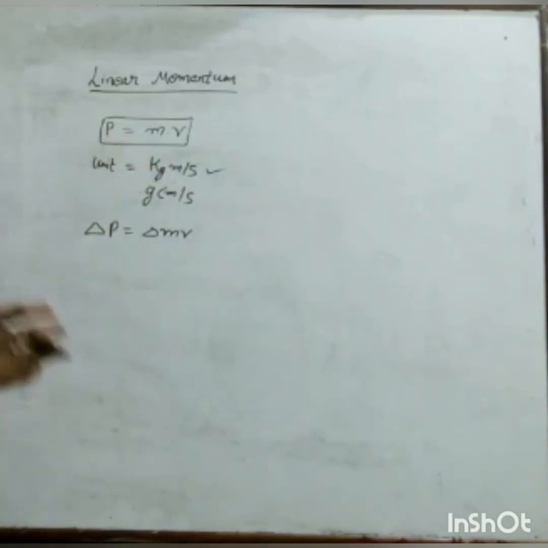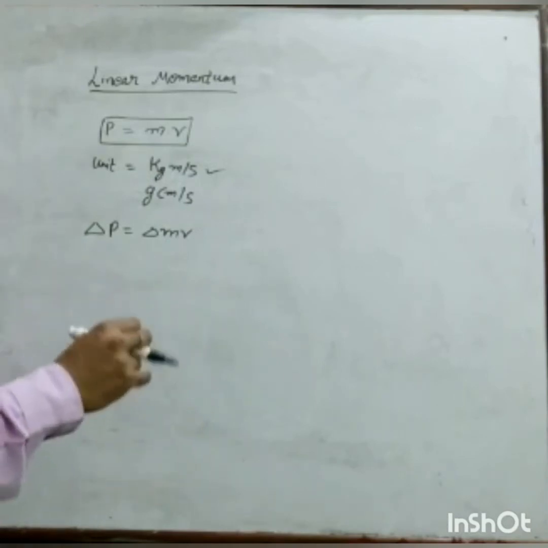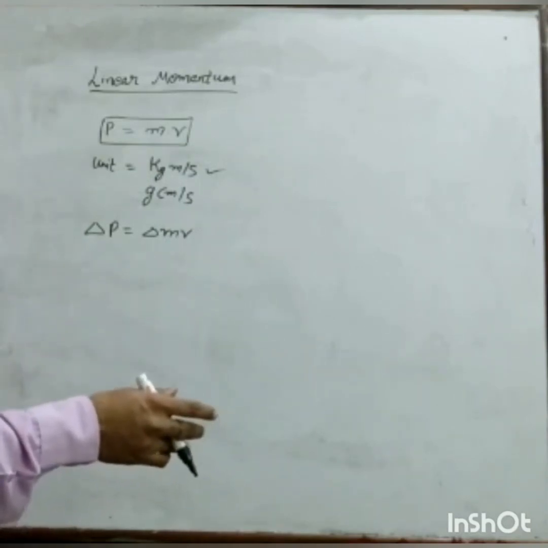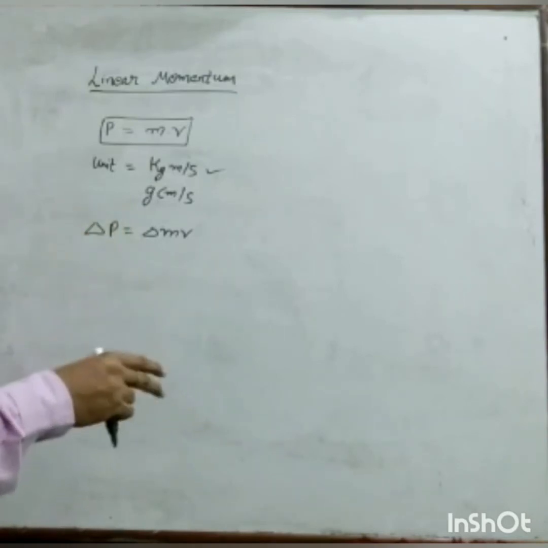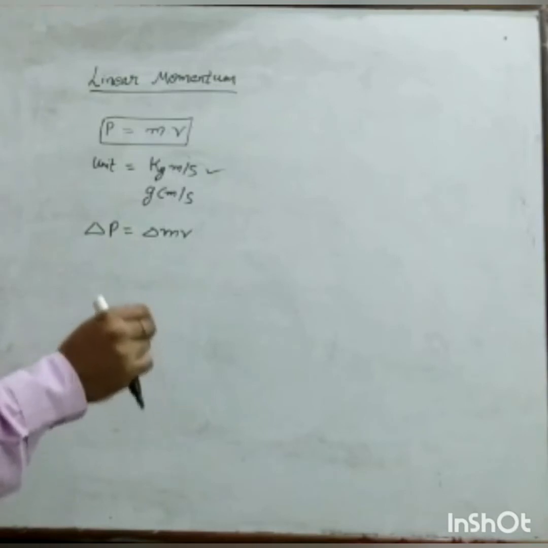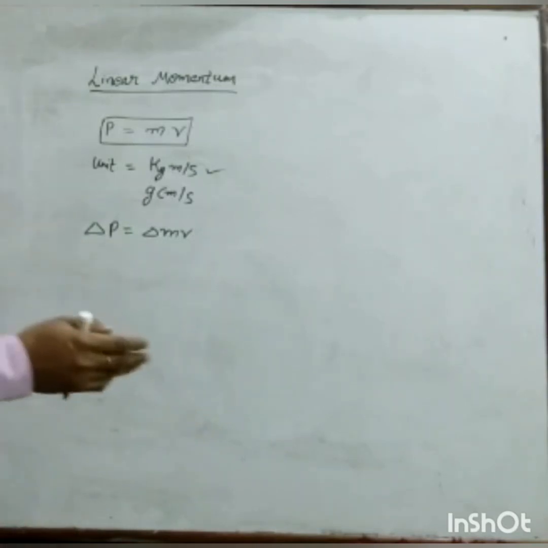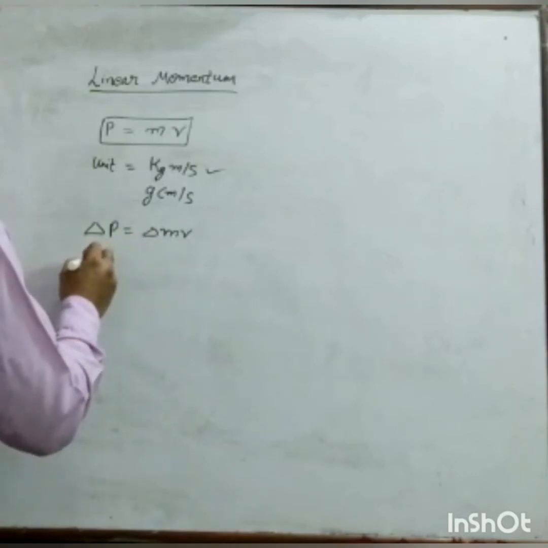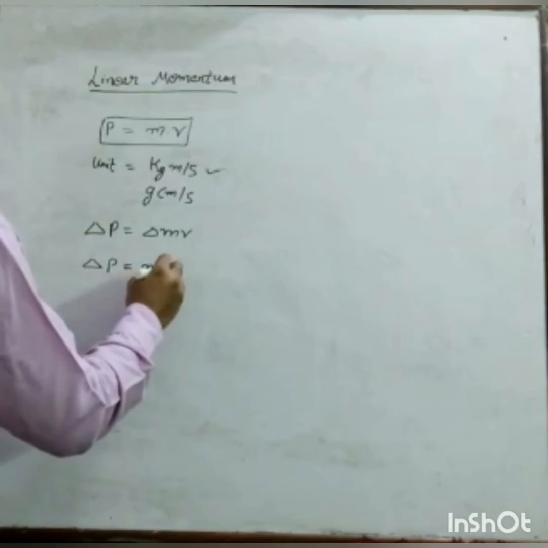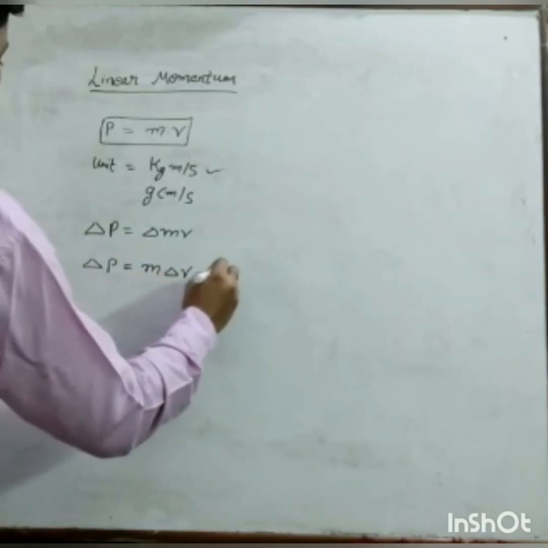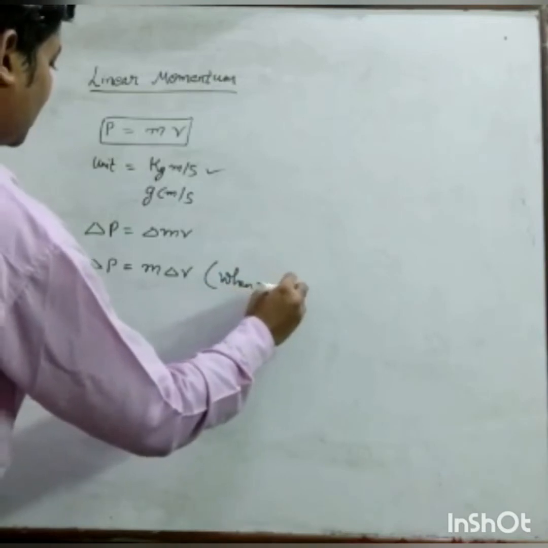The change in product mv can be due to change in mass m or due to change in velocity, or due to change in both. If mass remains constant, then the change in momentum is due to the change in velocity. Then we write delta P is equal to m delta v, when mass is constant.